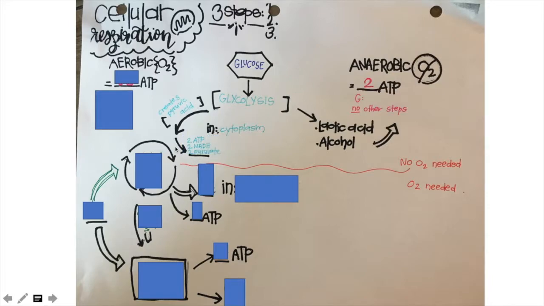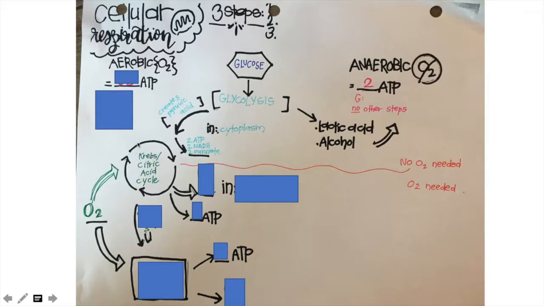These are the other products. We have 2 ATP, as I said up here, 2 NADH, which you don't have to know what that means right now. Just basically know that it's a precursor for ATP. That's all you have to know. And 2 pyruvate. This pyruvate, again, needs oxygen.